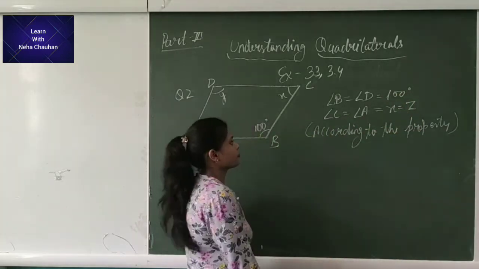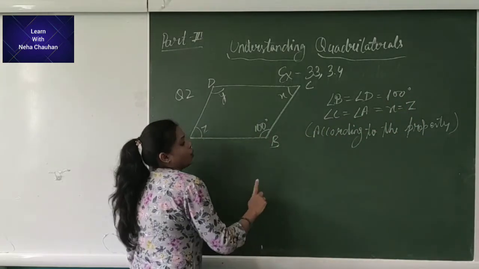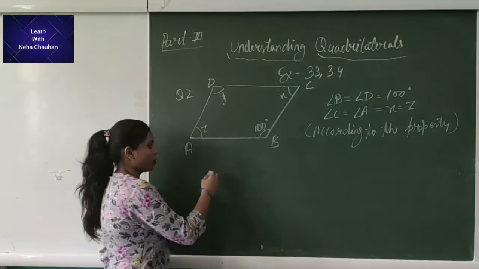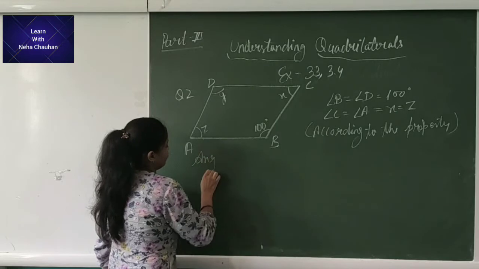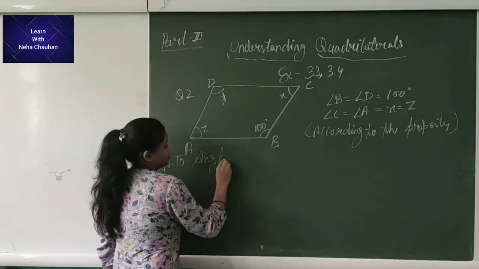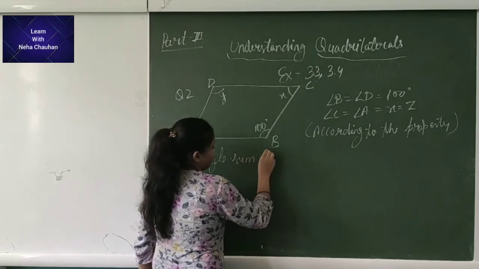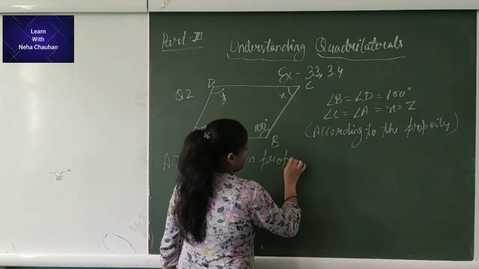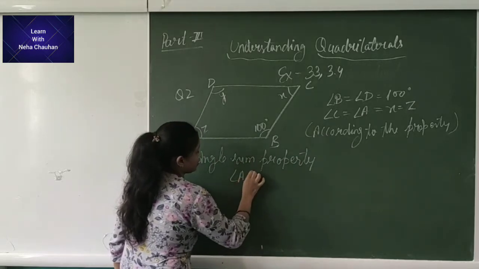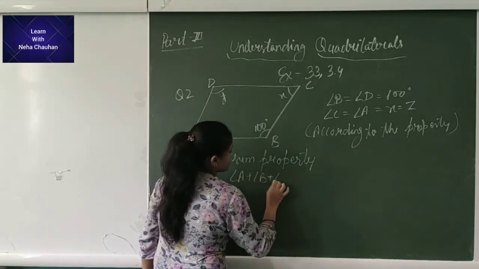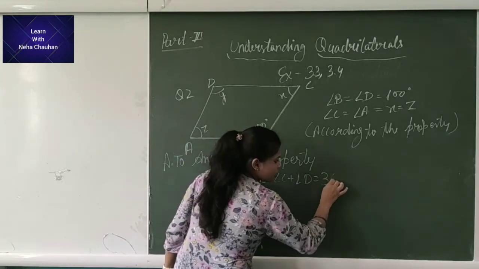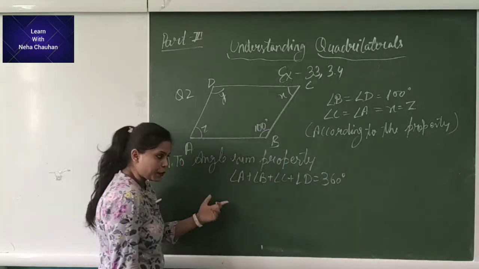Alright. Now, we again use one property. What property? Angle sum property. According to angle sum property, we have angle A plus angle B plus angle C plus angle D is equal to 360 degrees, right?